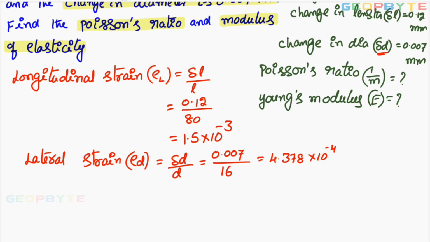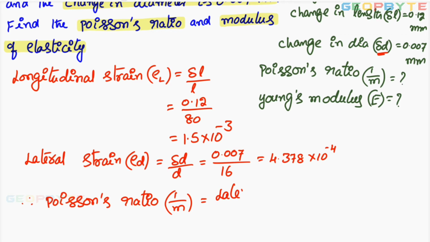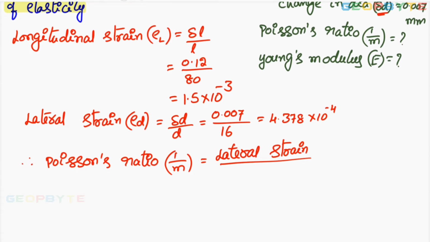Then the Poisson's ratio, very easy problem. Poisson's ratio 1 by m equal to lateral strain divided by longitudinal strain.